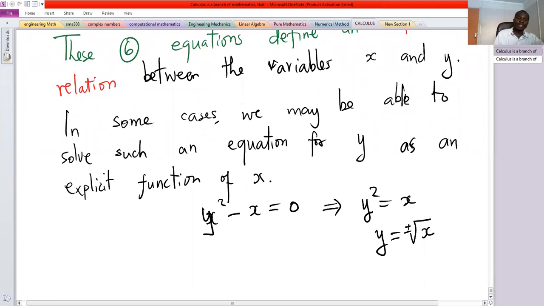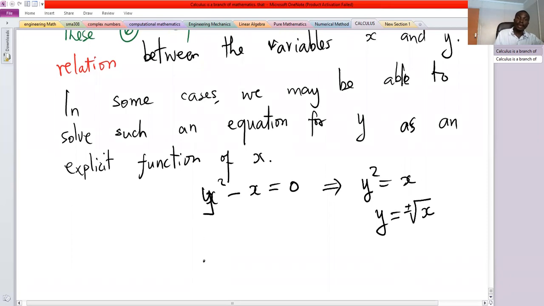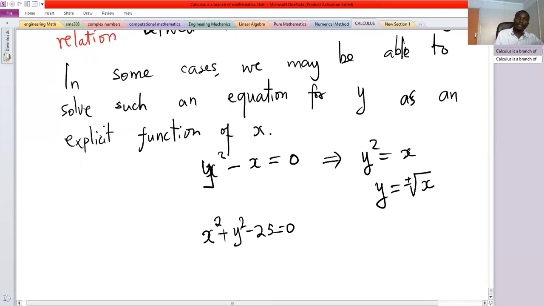Or in C, we have x squared plus y squared minus 25 equals 0. We can write this one as y squared equals 25 minus x squared.